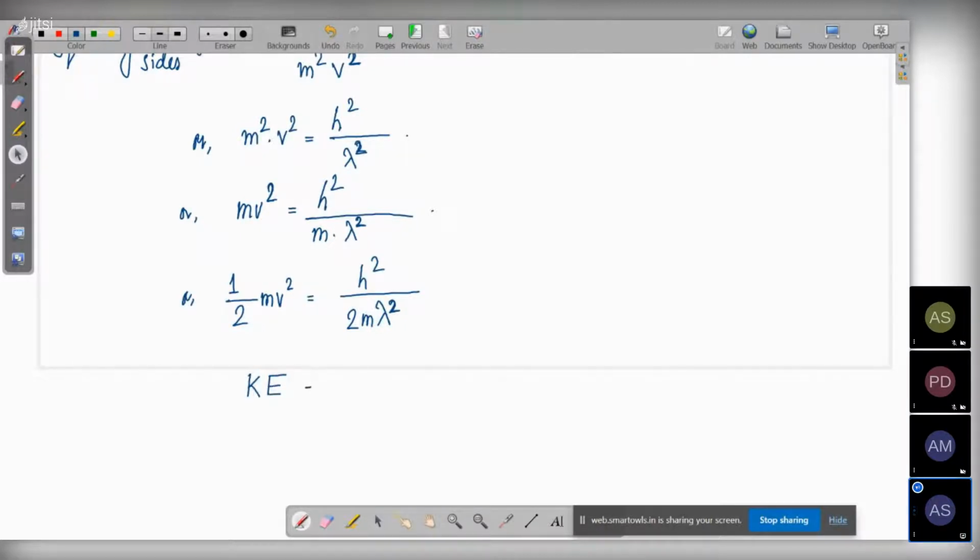Kinetic energy equals h square by 2m lambda square. Got our proof.